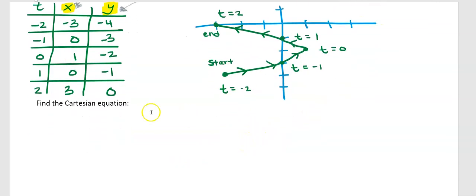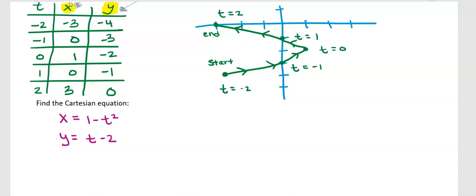So now let's try and find the Cartesian equation that goes along with this. For this, we have the first parametric equation as x equals 1 minus t squared, and we have our second parametric equation as y equals t minus 2.